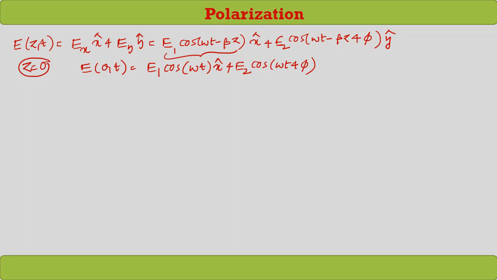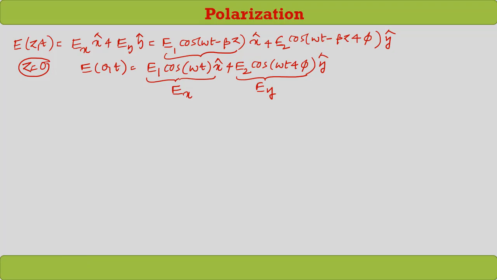By taking z equal to 0, you get an electric field expression like this. This E1 cos omega t represents the x component of the total electric field, and E2 cos(omega t plus phi) represents the y component.